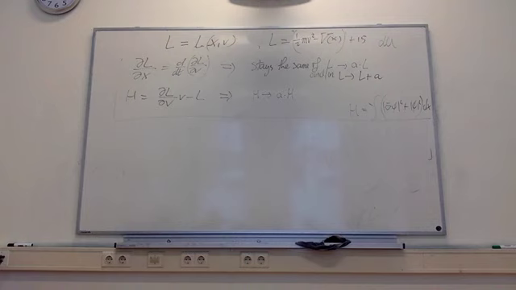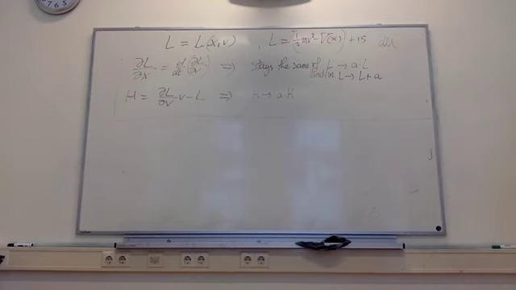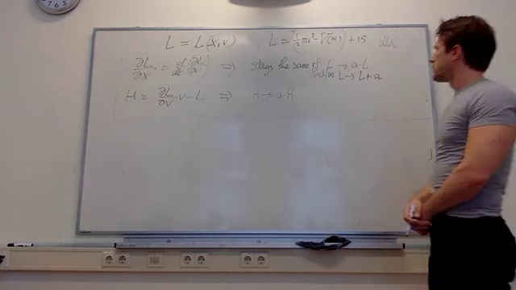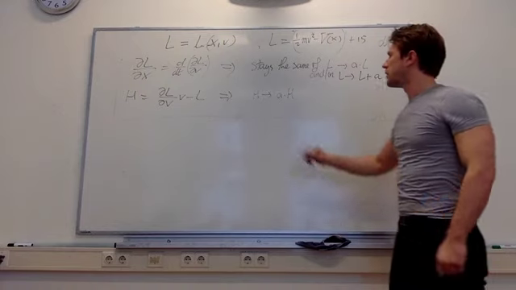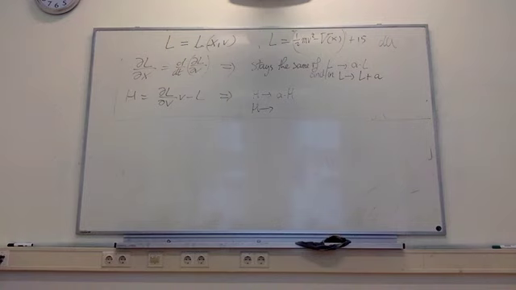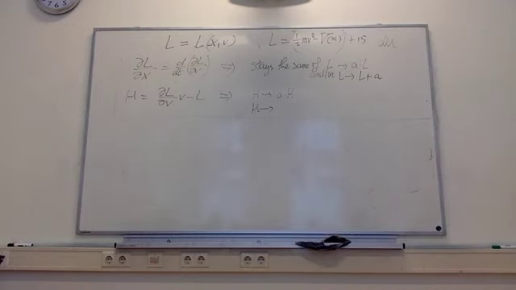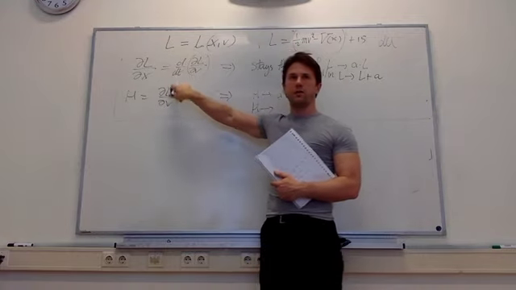How about the energy? Does the energy change if you add constants, subtract constants to your Lagrangian? So by looking at the mathematics, does this part change if you added the constant to L?